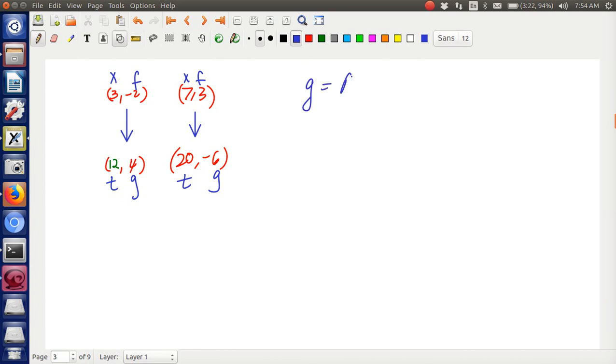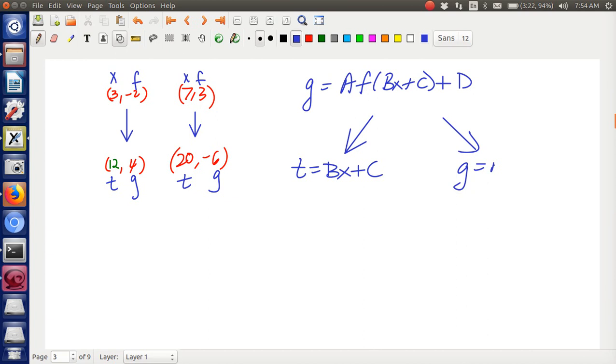G is equal to A F of Bx plus C plus D. And I want to figure out what all those letters are. And so I split it into 2 tasks. I split it into the task T is equal to Bx plus C, and I split it into G equals AF plus D. And so I can think of this as a table of values rather than a set of points.